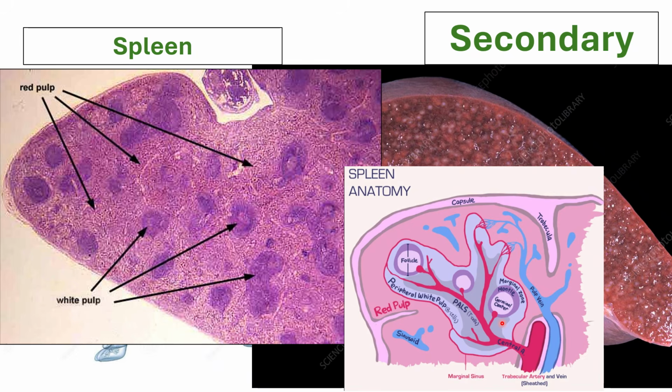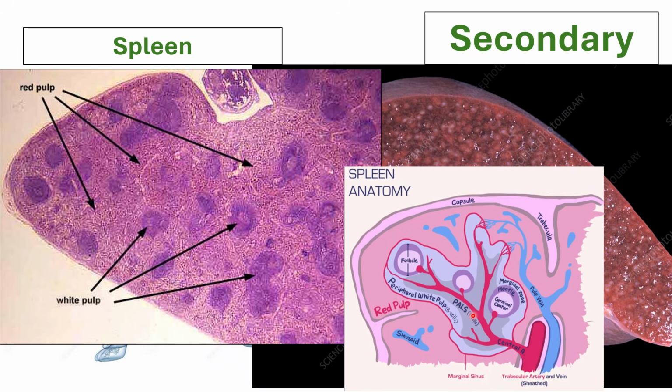That's normal. So as you can see here in the spleen again, there are still delegated areas. So your peripheral arterial sheaths or pulse will contain your T cells, and the outer lighter area of your white pulp would contain your B cells. Okay, and again, they function to filter out the bad and foreign substances, noxious substances that may have been trapped in the blood.